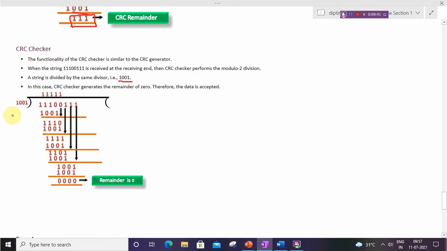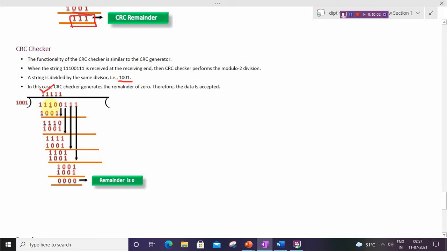Okay, so let's check the division. The data unit is 11100111. Then put 1 in the quotient value because the divisor is 1001, the same divisor. Then 1001, then XOR it.